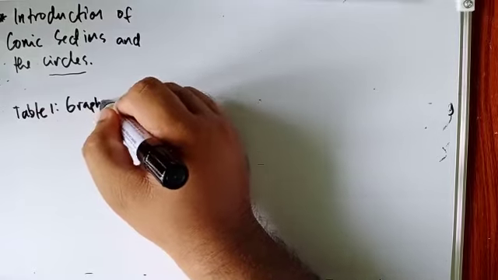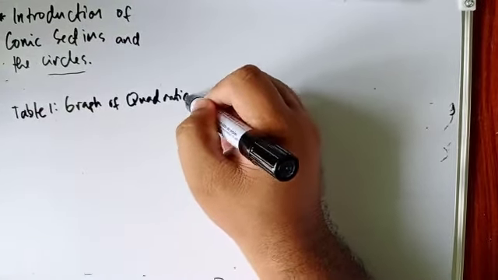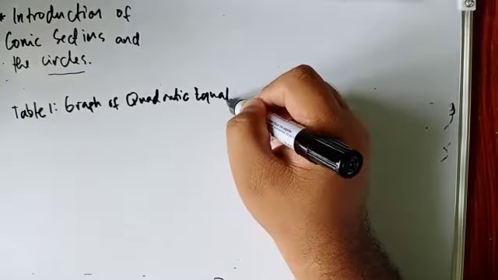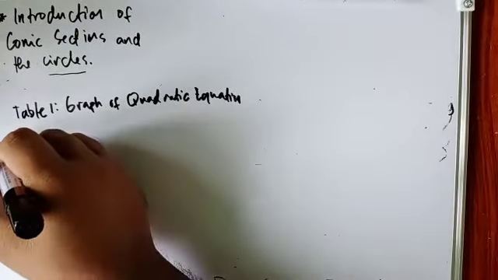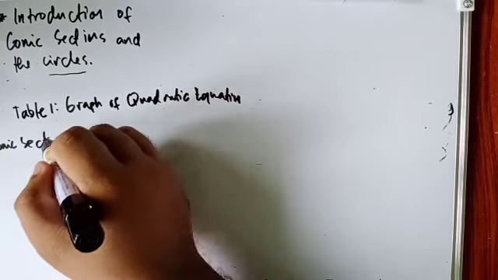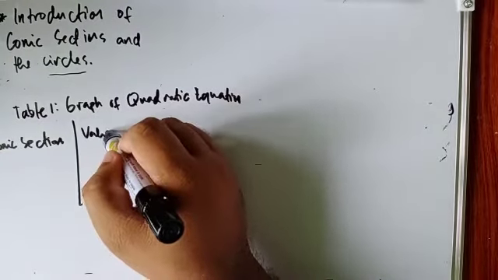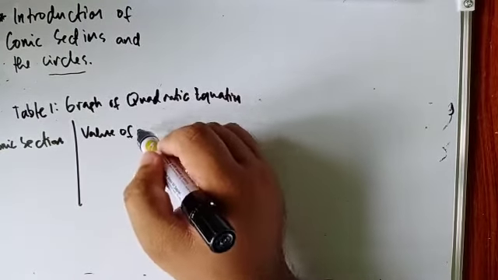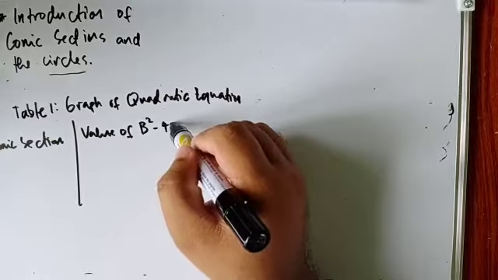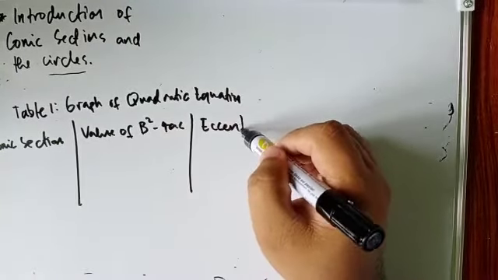Graph of quadratic equation. So here are the conic sections. Tapos the value of b squared minus 4ac. Tapos here is the eccentricity.